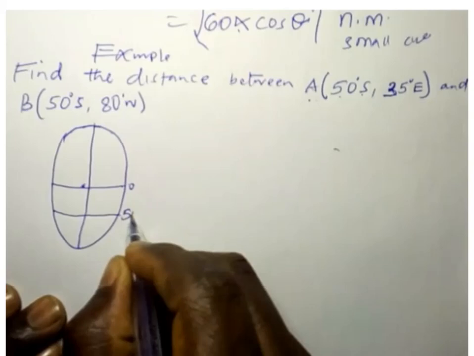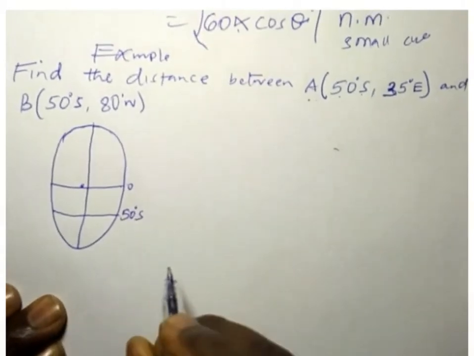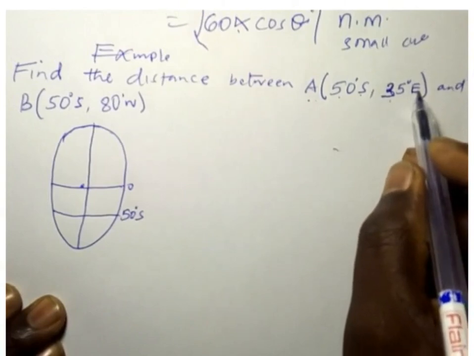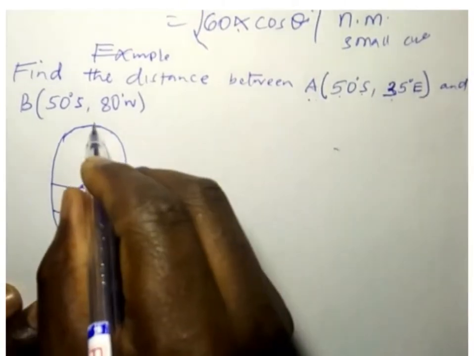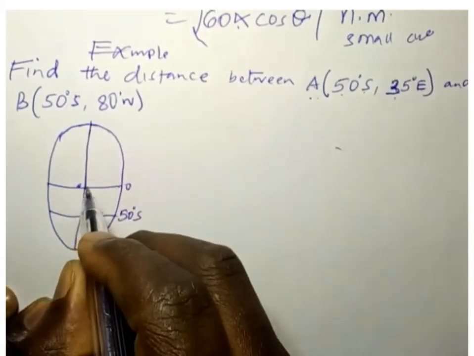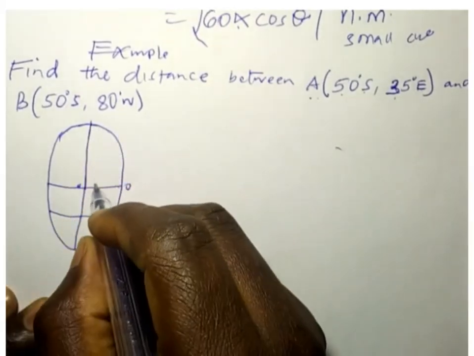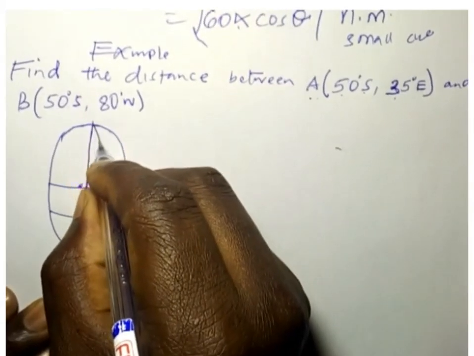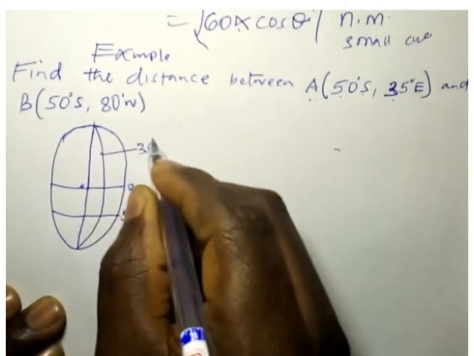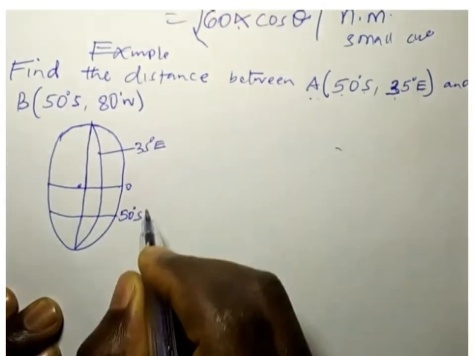You write 50 degrees south. And then 35 degrees east. This is the longitude, which we count from the prime meridian. So 35 would be somewhere here, and this one is 35 degrees east.